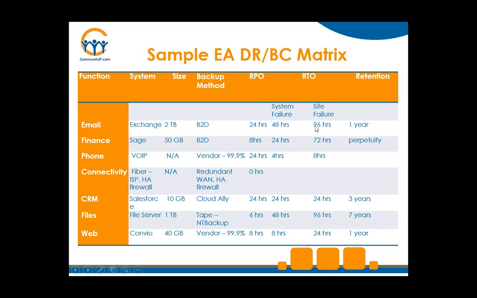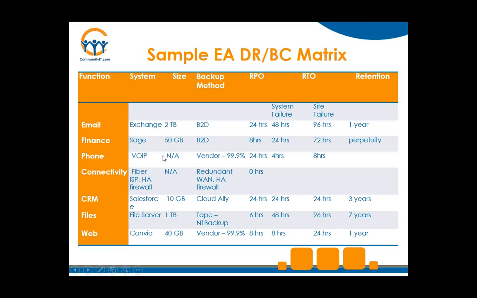If the whole site goes down, we're going to recover to some other location, and that's going to be 96 hours, and we need to retain our email for a year. You can go down through all these different systems, whether it's finance, maybe you're using Sage, and you're backing this up every 8 hours because there's a lot of information that gets changed.